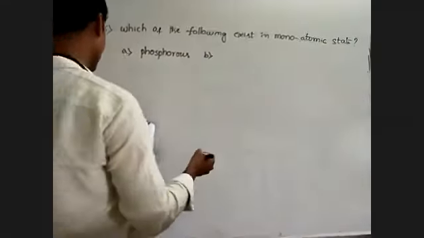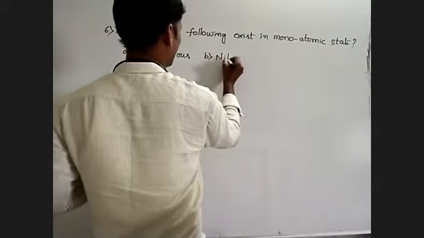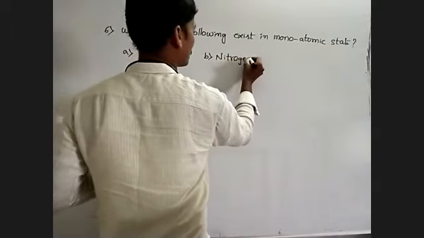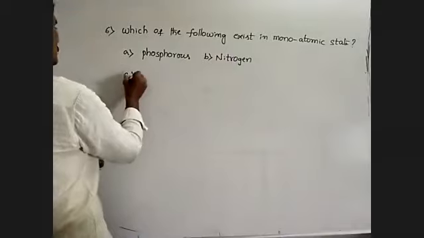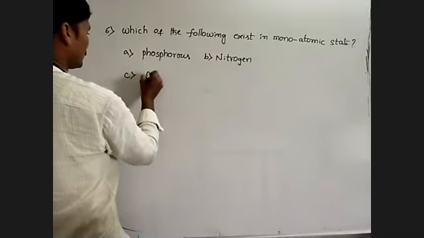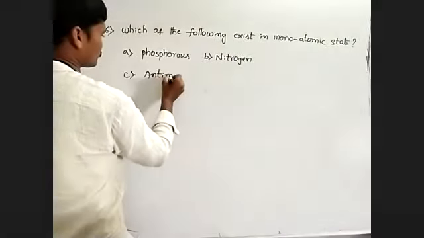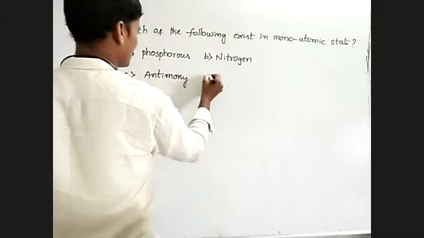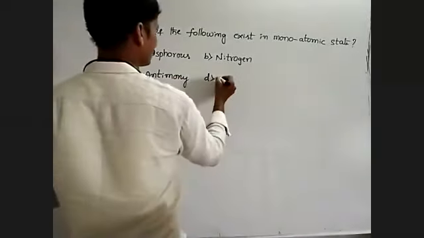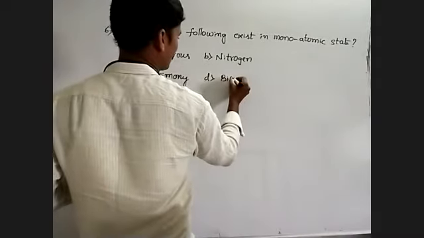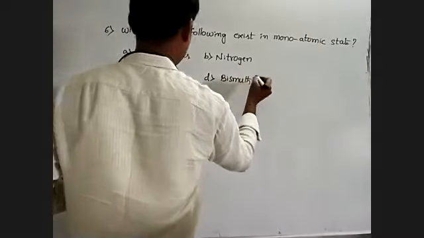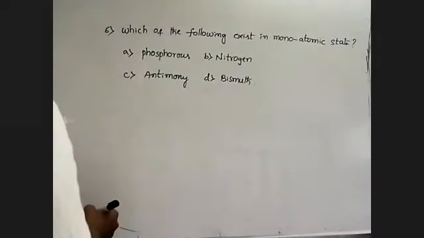Next B, nitrogen. C, antimony. D, bismuth. Right. So, which of the following exists in monoatomic state?